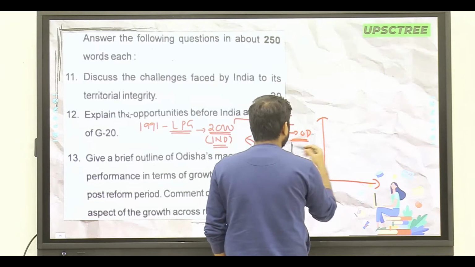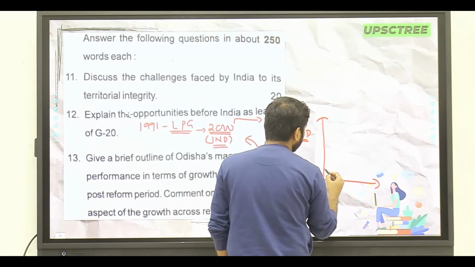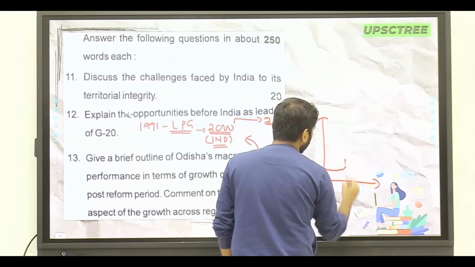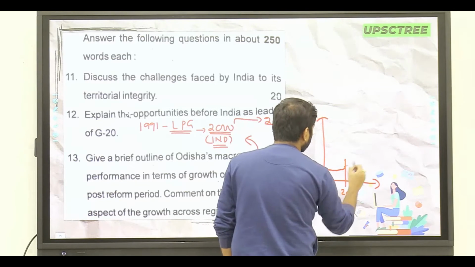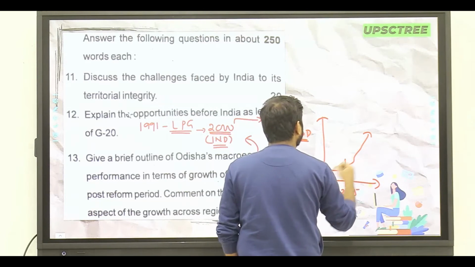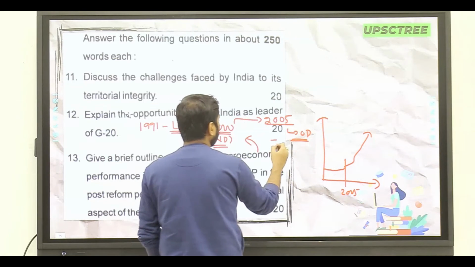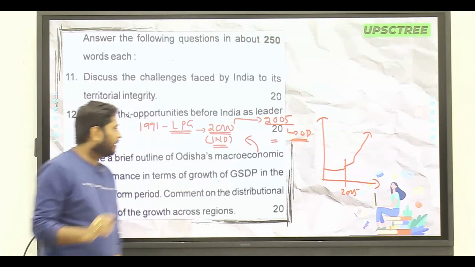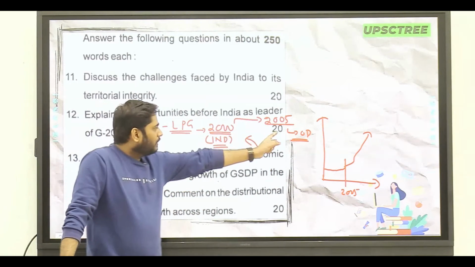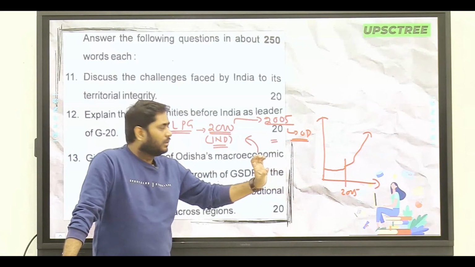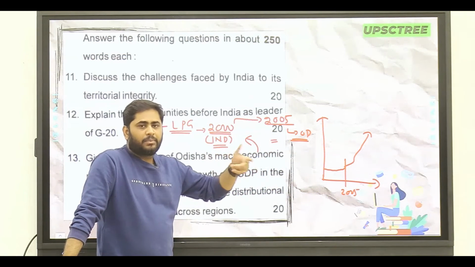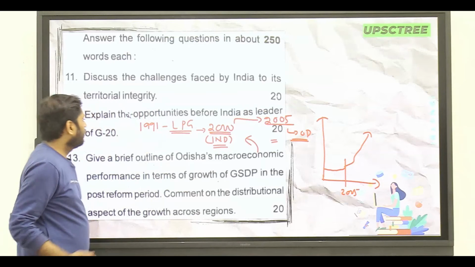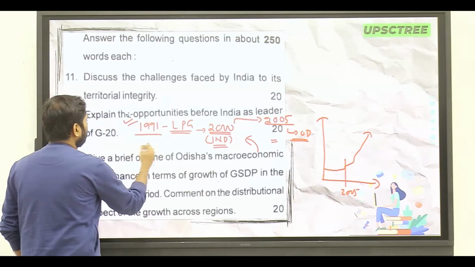So Odisha's economy, if you look at the stage from 1991 till 2005, after 2005 it will take off. So that diagram or that chart you have to mention, that in the post reform period from 1991 to 2005 Odisha still didn't have growth, because we didn't have access to capital and good labor resources or good human resources. So that was a major issue.